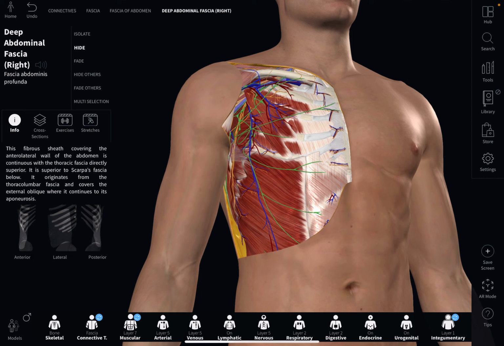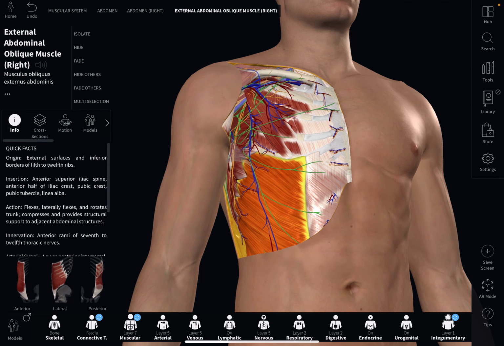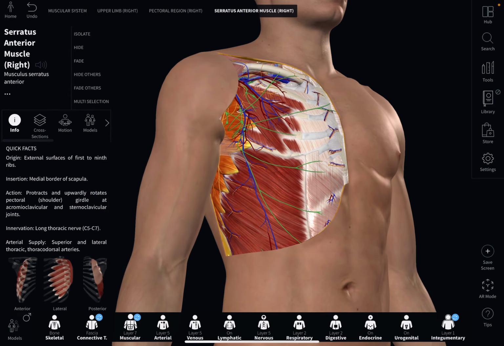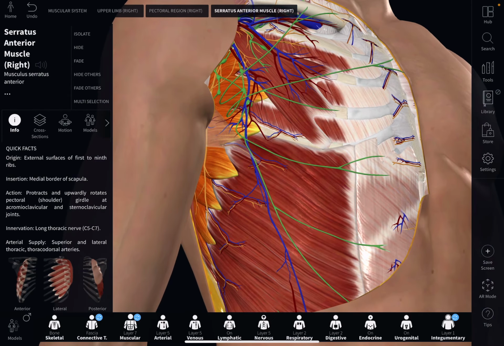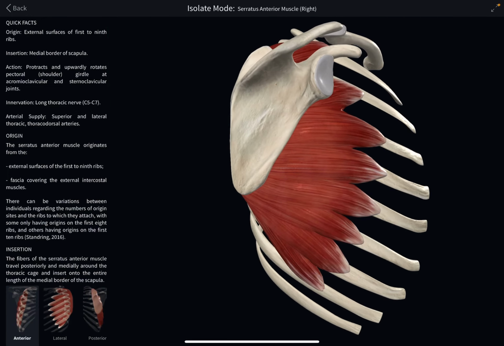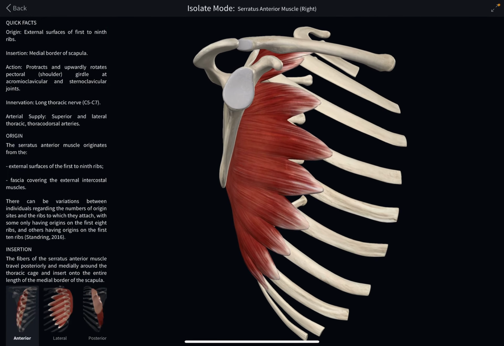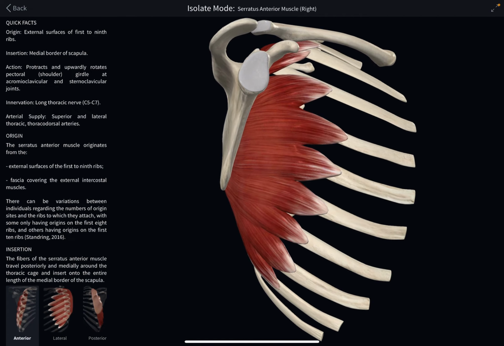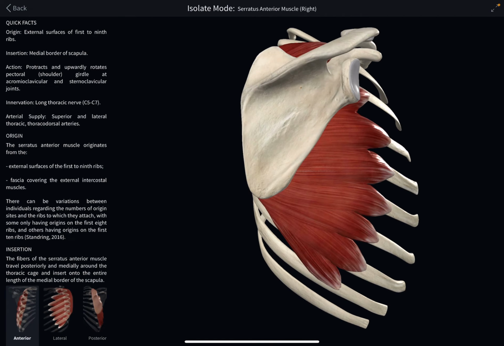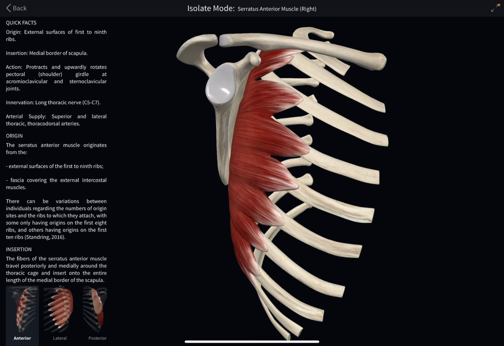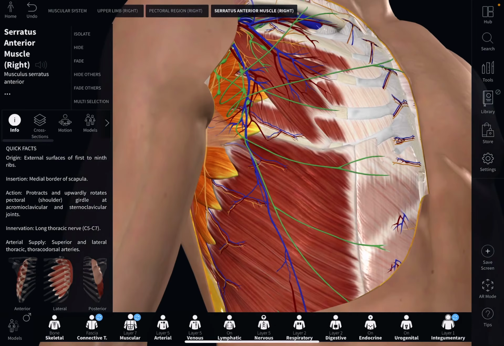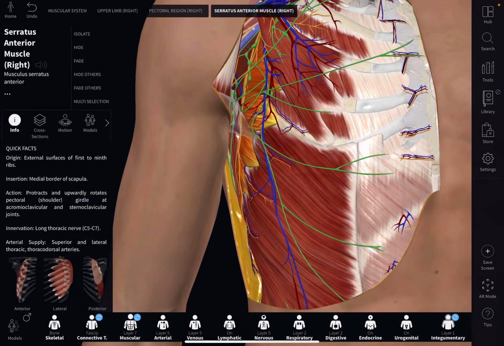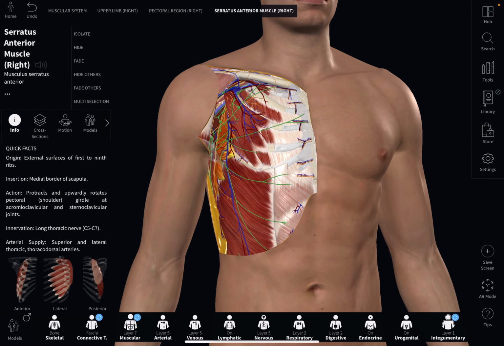So when I hide the deep abdominal fascia, here more laterally, I can see a muscle called the serratus anterior muscle. Look at the origin. It has a serrated origin. That's why it's called the serratus anterior. Right. So that's the fourth muscle. So these are the four muscles that we find in the pectoral region.